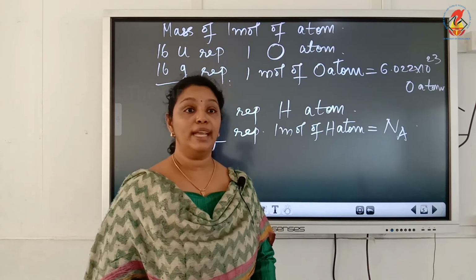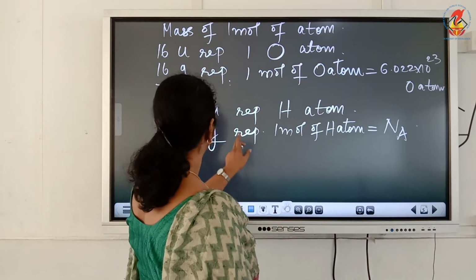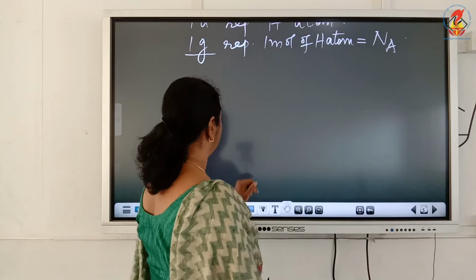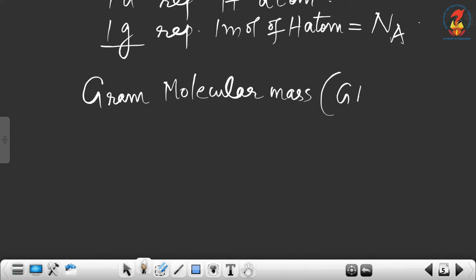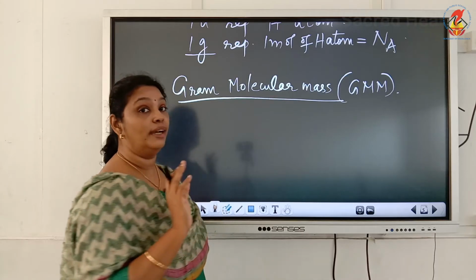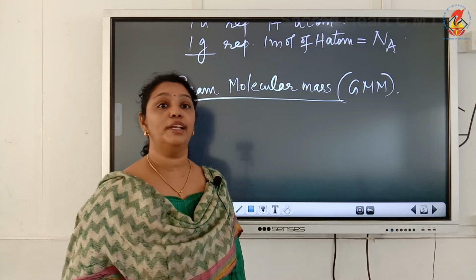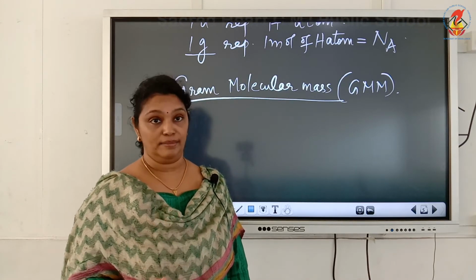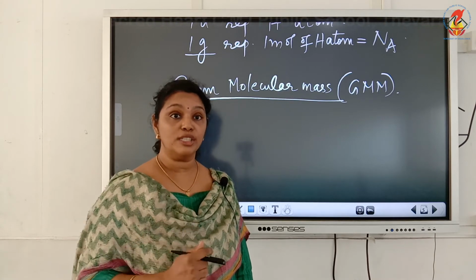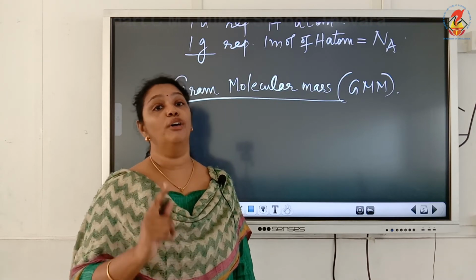Okay, now next term is gram molecular mass, bracket GMM. So when you see, it is molecular mass. So gram molecular mass means it is the molecular mass expressed in grams, or it is the mass of 1 mole of a molecule.